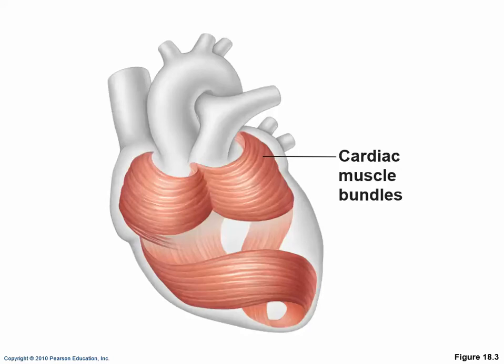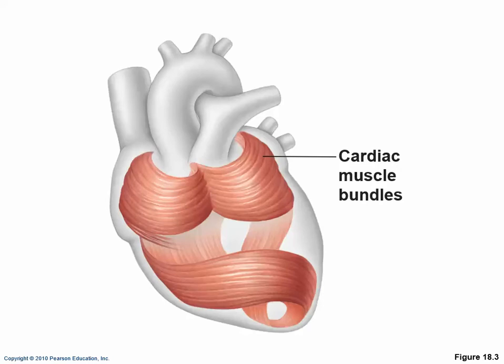So not only will it contract and push the blood like air in a blood pressure cuff pump, but it also twists. So it almost wrings blood out of the ventricles at the same time.